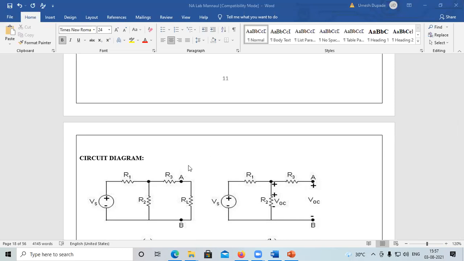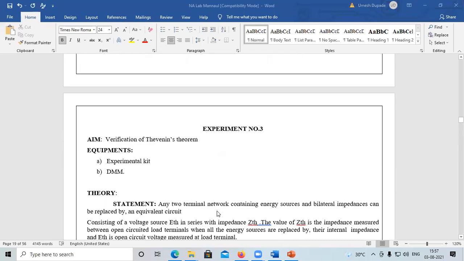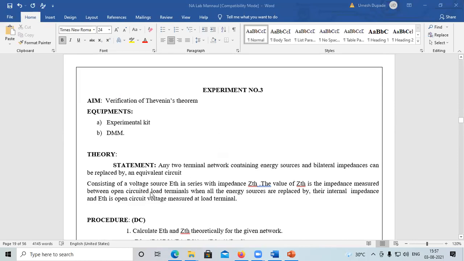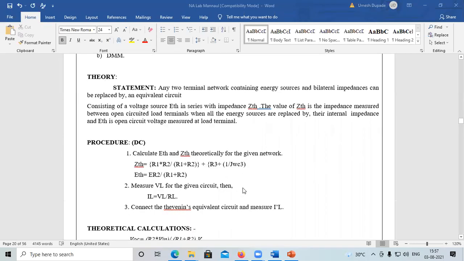Okay, now the circuit diagram for the verification of Thevenin's theorem is like this. First of all, we will see the verification of Thevenin's theorem. It requires an experimental kit and a digital multimeter. I have already told the statement: any two terminals of a network containing energy sources and bilateral impedances can be replaced by an equivalent circuit consisting of VTH and ZTH.